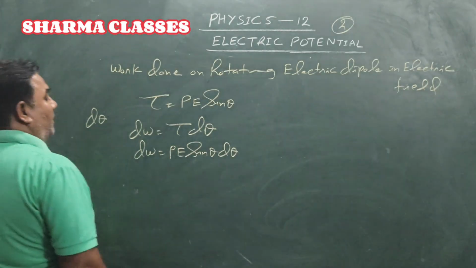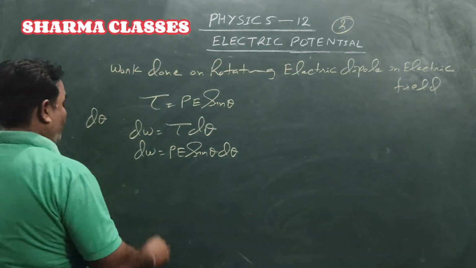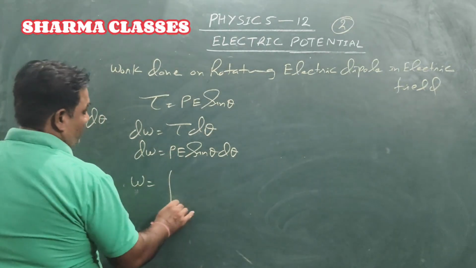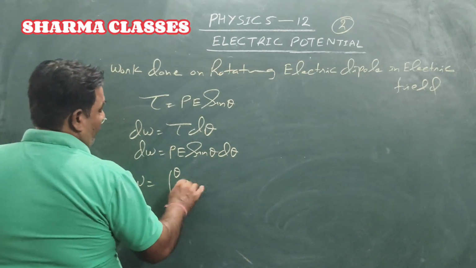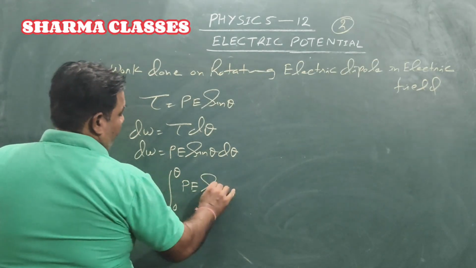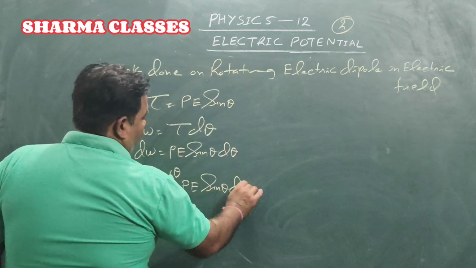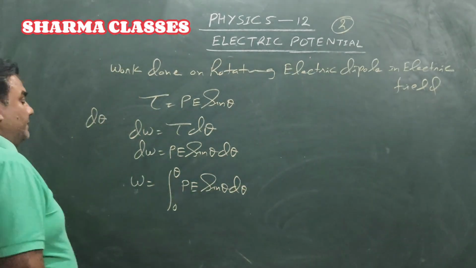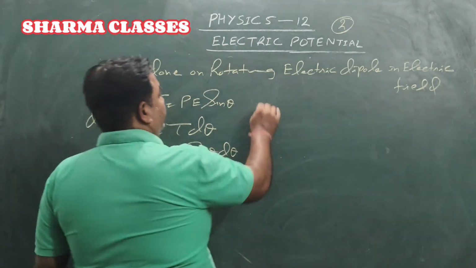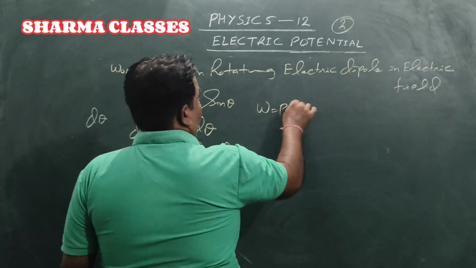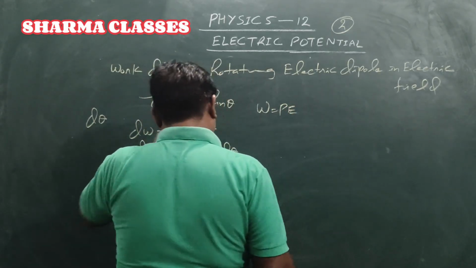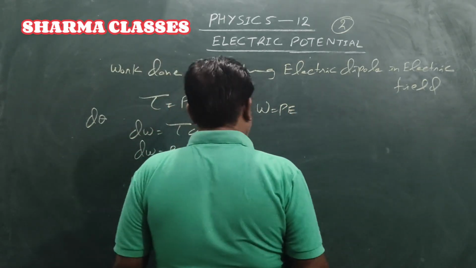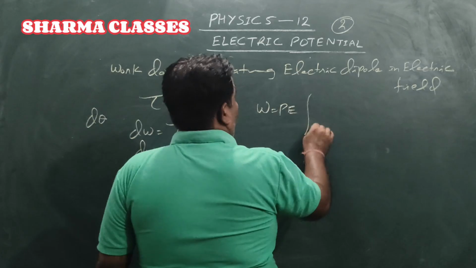And total work done on rotating it from 0 to angle theta, W is equal to the integral from 0 to theta of P E sin theta d theta. W is equal to P E times the integration of sin theta from 0 to theta.